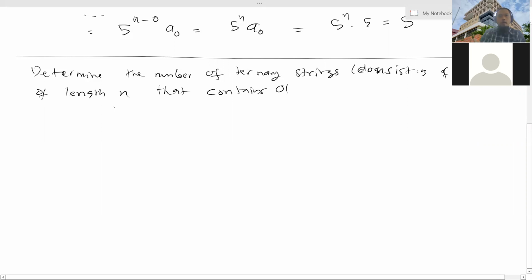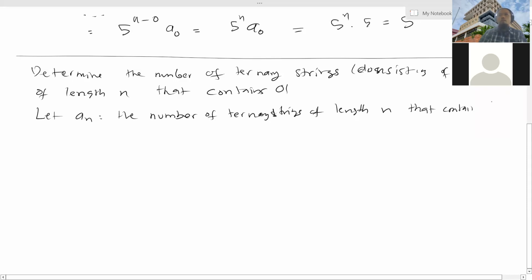So let's start with defining the term. Let a_n be the number of ternary strings of length n that contains 0, 1. All right. Then what is a_0?